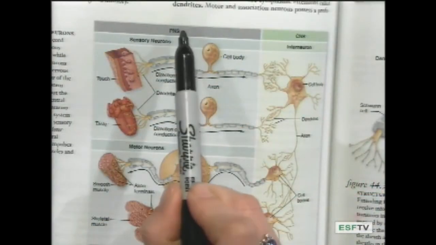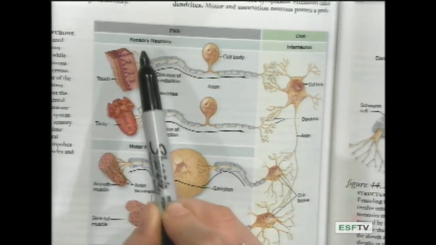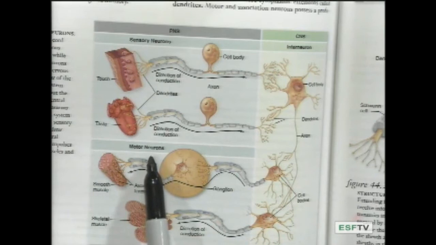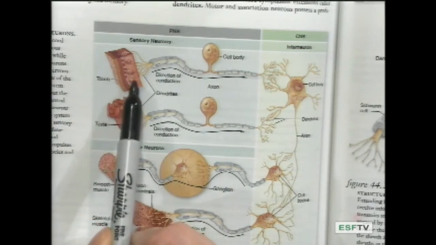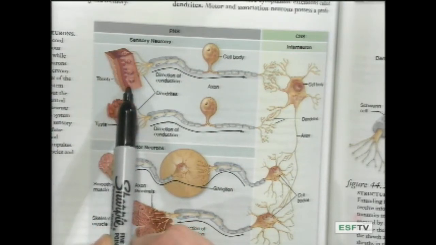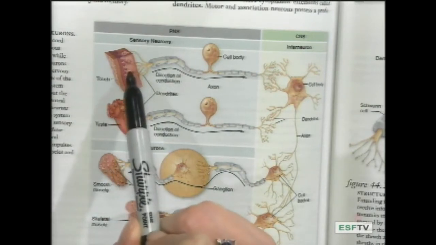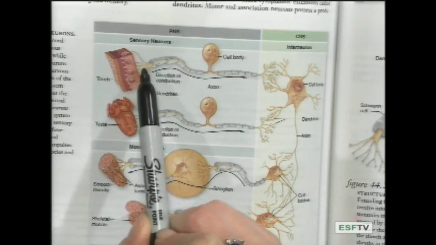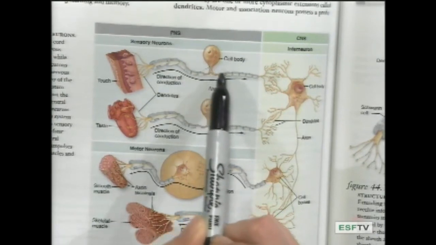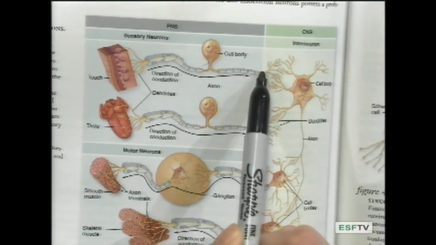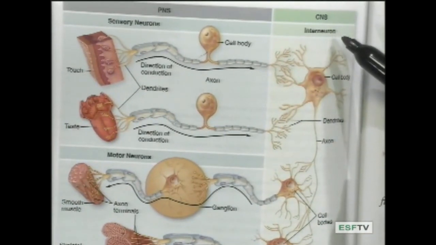So along the top, this is the peripheral nervous system, composed of sensory neurons and motor neurons. You have sensory receptors that are found externally as well as internally, and these are what sense the information and transmit it to the dendrites, and it goes along to the nerve cell body and then away via an axon into the central nervous system where you find interneurons.